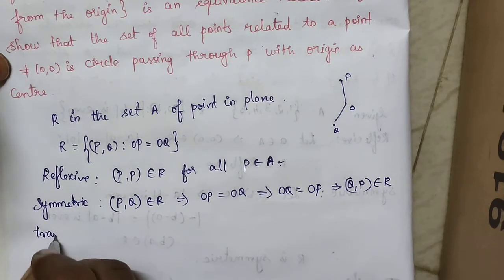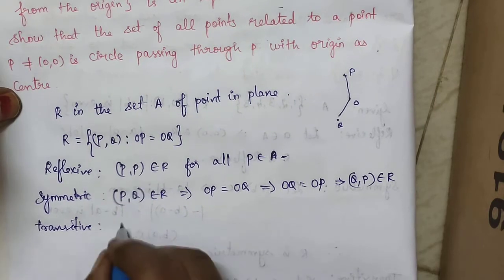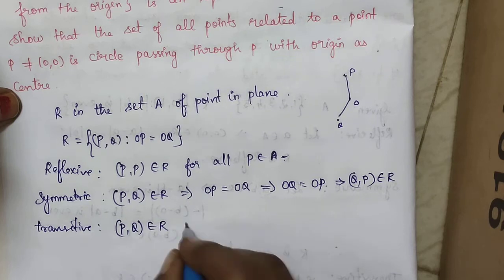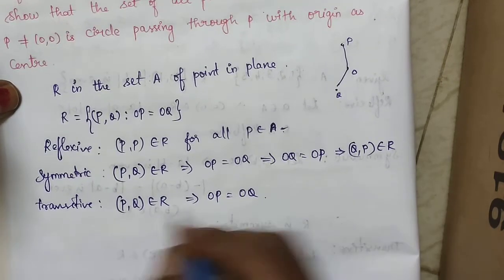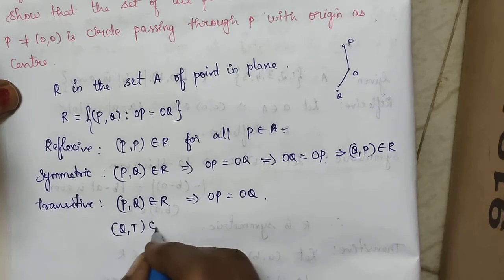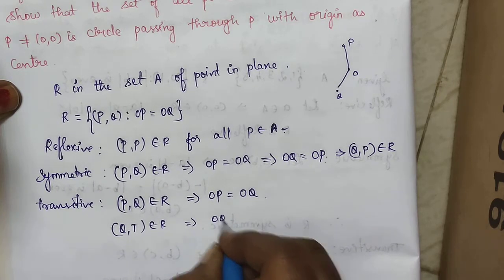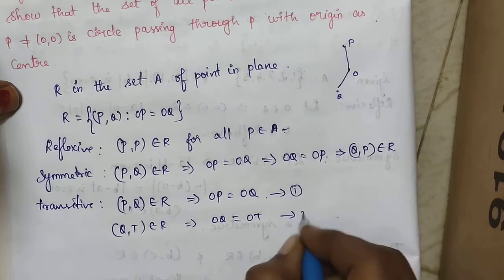Now next is the transitive relation. For transitive relation, we take (P, Q) belongs to R. This implies OP is equal to OQ. Next, let us take (Q, T) belongs to R, which implies OQ is equal to OT. Take this as 1 and this as 2.